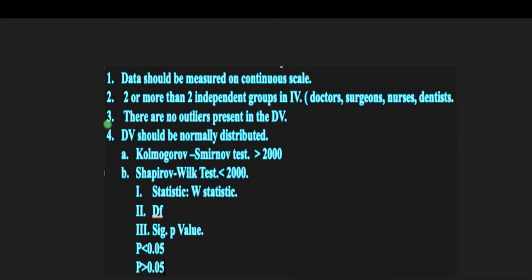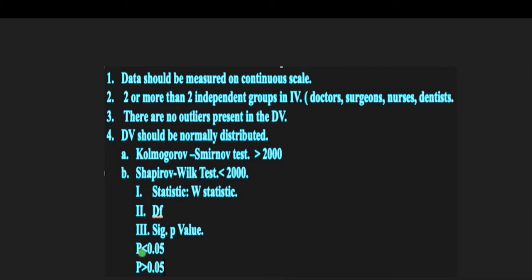Then the third condition the data must meet is that there must be no outliers present in the dependent variable that we are going to check. Then the dependent variable should be normally distributed, and we are going to check this using these two tests. When we run this normality test for our data, we get this significant p-value, which is the ultimate value on the basis of which we decide whether there is normality in the dependent variable or not.